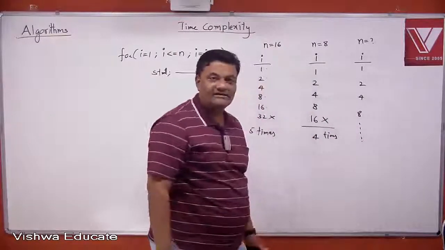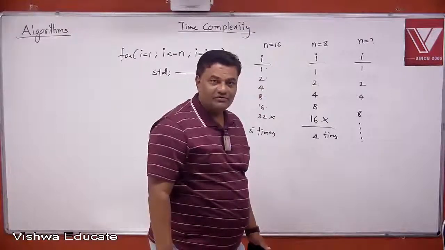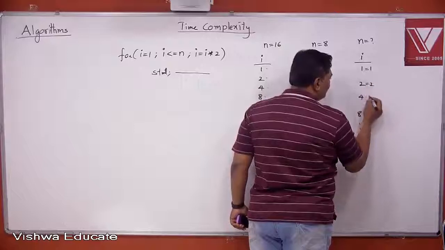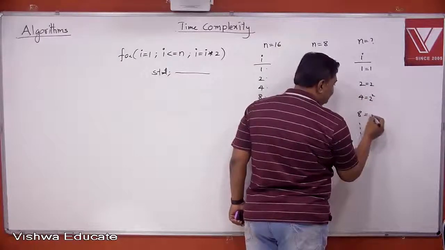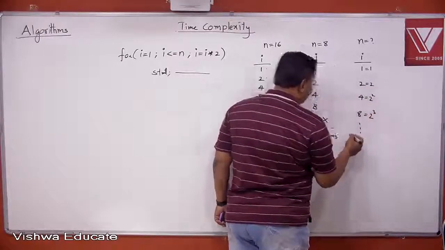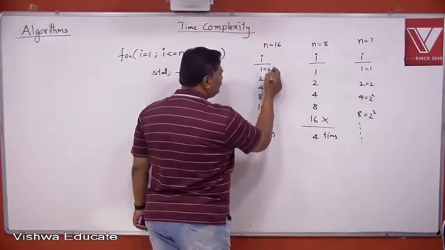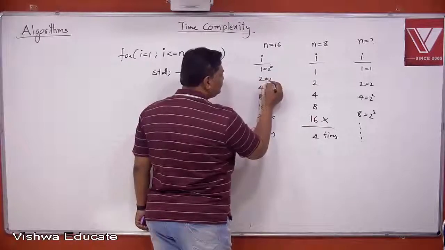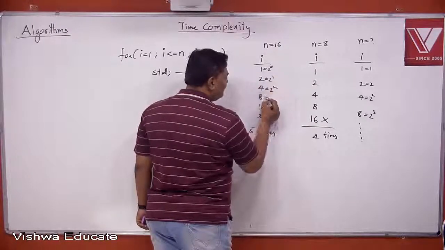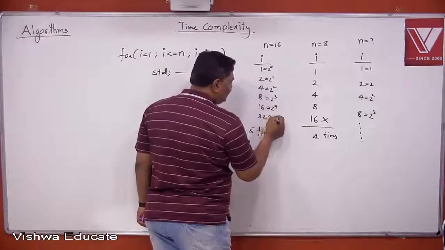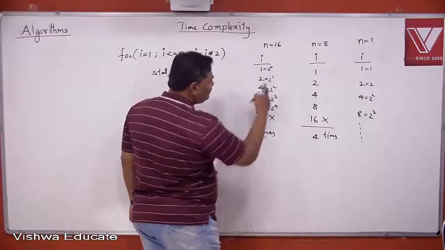We don't know what that k is. So this is 1, this is 2, this is 2 square, this is 2 cube. So I will observe the same thing here. This is 2 power 0, this is 2 power 1, 2 power 2, 2 power 3, 2 power 4, and then stop. So how many times has it executed?